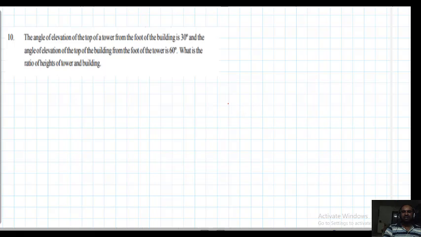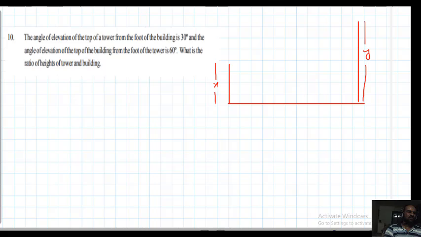Directly I want to draw the diagram. This is the base, this is the tower, and this is the building. Let the building height be x and the tower height be y. You want x is to y or y is to x according to the given information. First of all, the angle of elevation of the top of the tower from the foot of the building is given as 30 degrees.